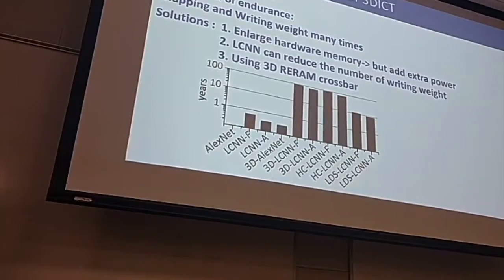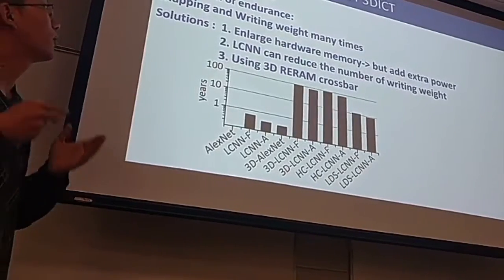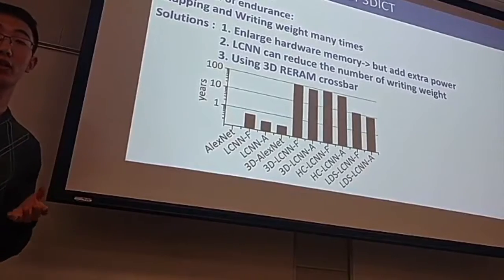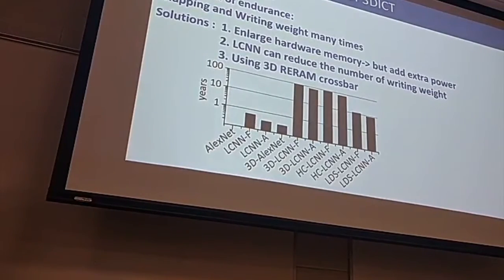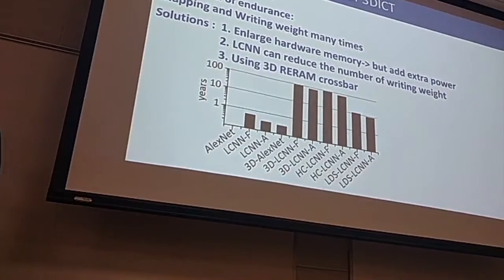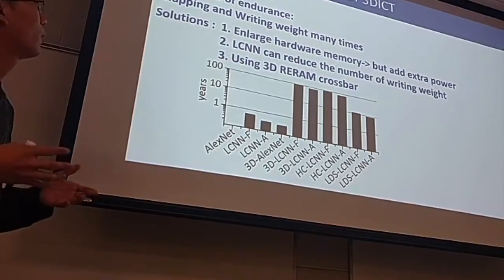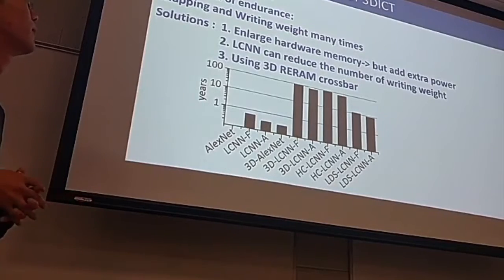But you know that if you add another array, then your power will increase at the same time. So I won't take this method. The second method is you can use LCN, like I have said.